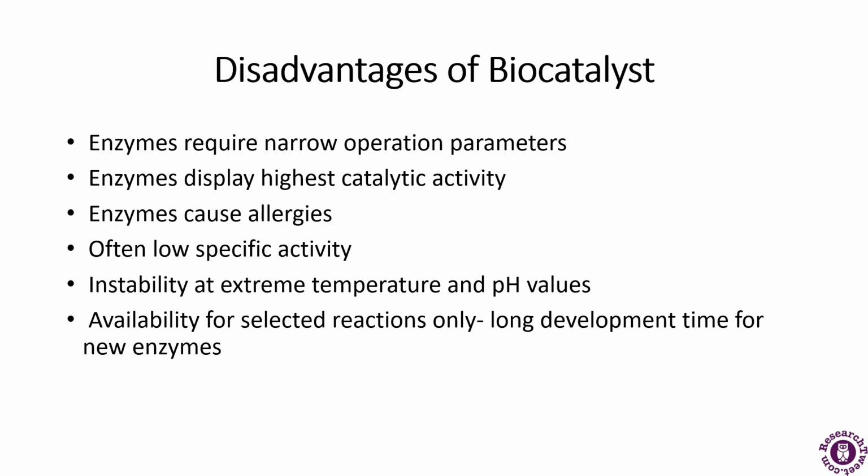These enzymes cause allergies and often show low specific activity. There is instability at extreme temperatures and pH values, availability for selected reactions only, and long development time for new enzymes. So these are some of the disadvantages of biocatalysis.